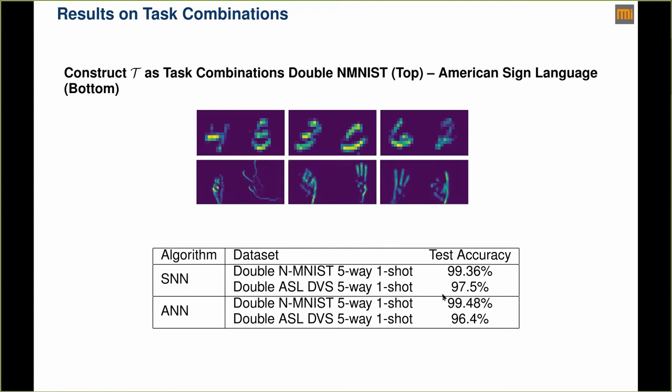And after a single shot, we obtain nearly 99 and 97.5% accuracy. So the result of this is that you can very easily use meta learning to train surrogate gradients and 3-factor rules, which I think was really surprising, that we actually even got this to work.